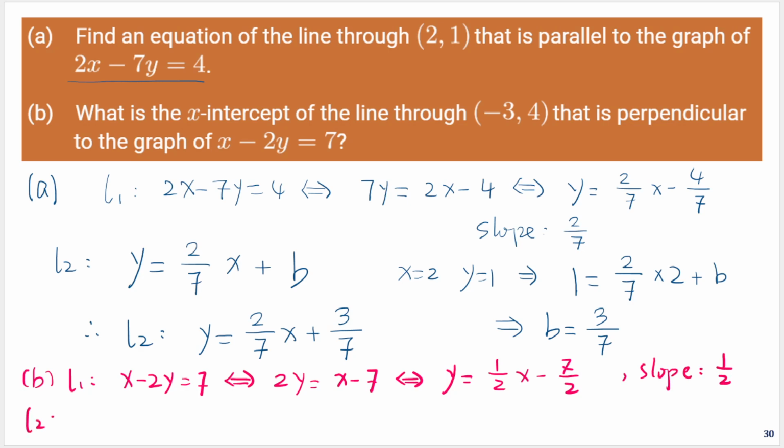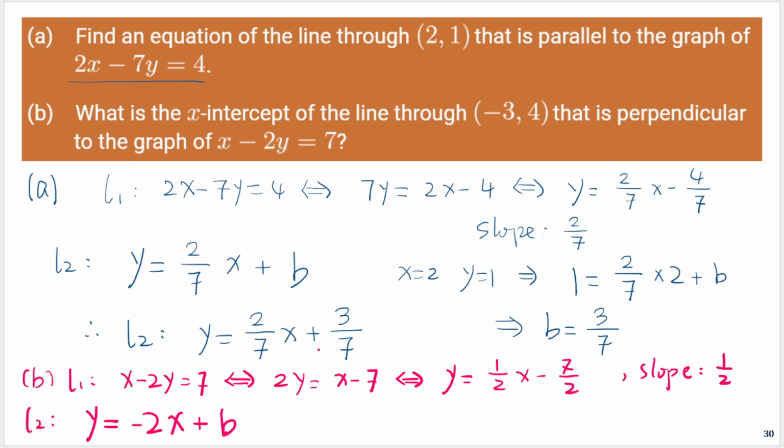And we know L2 is perpendicular to this line, and that means the product of the slope of line L2 with the slope of line L1 equals -1. Therefore, L2 should have the slope -2. So L2 has this equation here: y equals -2x plus the y-intercept b, right?